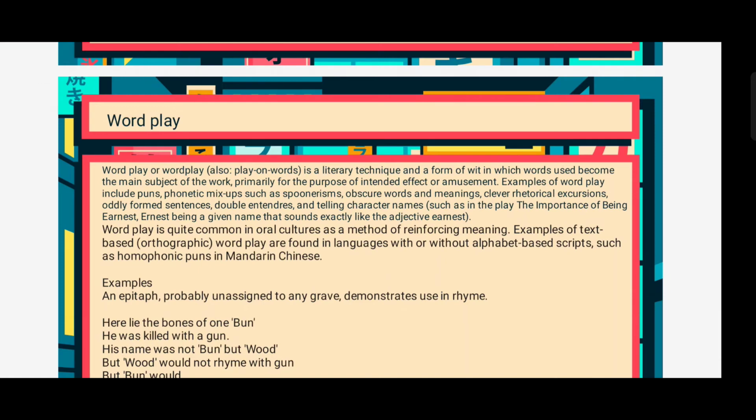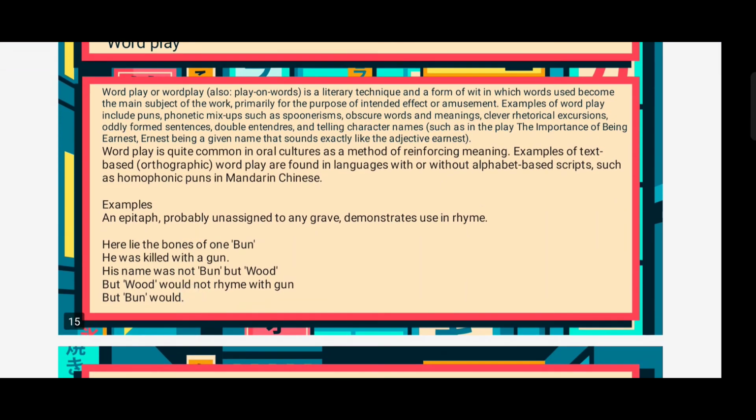Wordplay is quite common in oral culture as a method of reinforcing meaning. Examples of text-based wordplay are found in languages with or without alphabet-based scripts, such as homophonic puns in Mandarin Chinese. And here is the example.